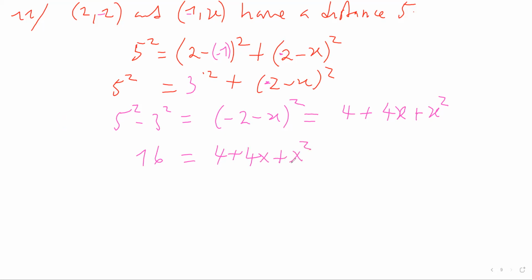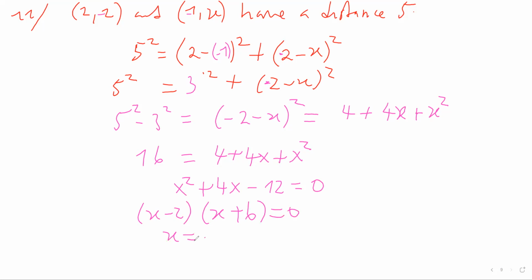And then eventually we'll have x squared plus 4x minus 12 is 0. And this means that we have (x minus 2)(x plus 6) is 0. It means x is equal to minus 6 or x is equal to 2.